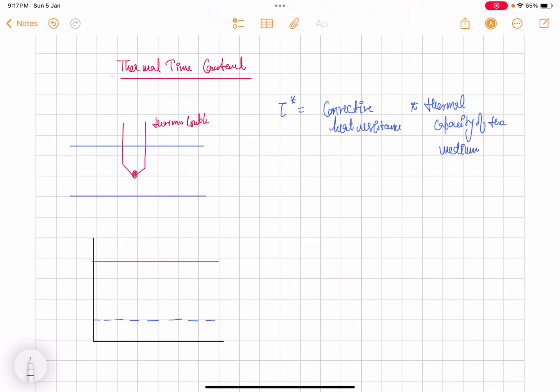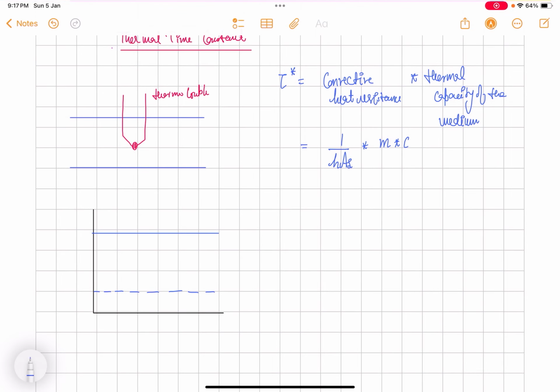All right, so convective heat resistance we can write as 1 by h times the surface area of the body, times the thermal capacity, which is nothing but the mass of the body times specific heat, which represents the ability of the body to store thermal energy, right?